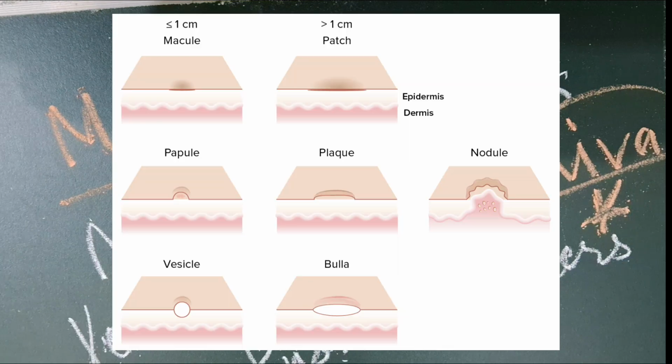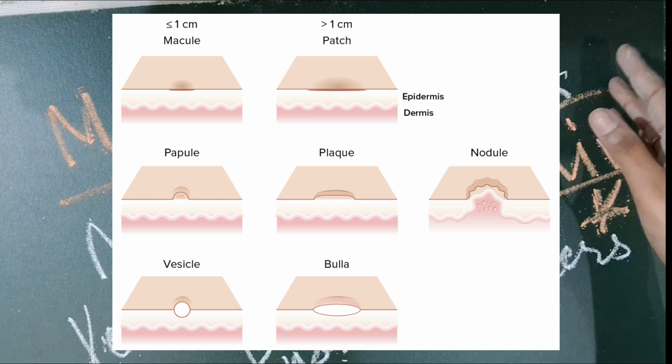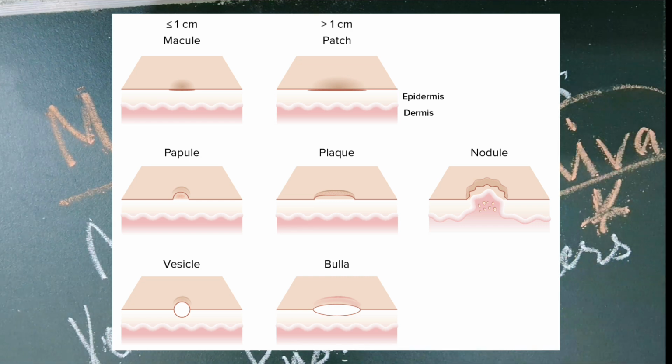Now let's revise again. Macule was a flat lesion. Papule was a raised one but small, less than 1 centimeter. If a papule becomes bigger, more than 1 centimeter, it becomes a plaque. Plaque is nothing but a larger papule. Then we have vesicle. Vesicles are blisters containing clear fluid and they are less than 1 centimeter.